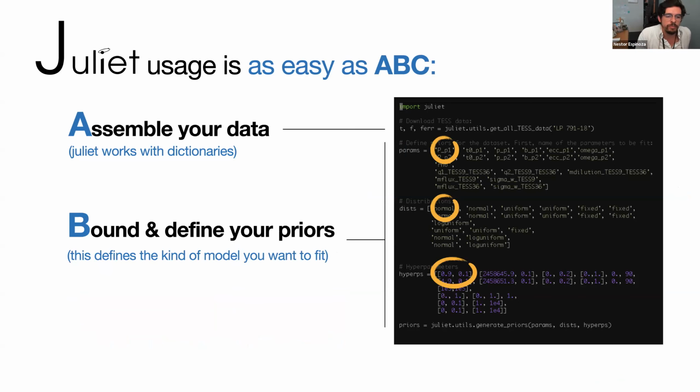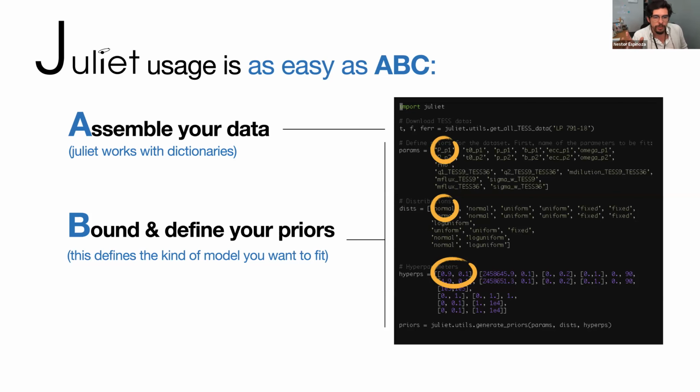For instance, here I'm defining the uppercase P, which in the Juliet language is the period of the planet. You can see there's a P_p1 and P_p2 in the parameter names, and that's because you can do multiple planet fits. In particular, this LP 791-18 system is a multi-planet system. It has at least two planets, and here we're setting up a Juliet fit to fit both of them simultaneously.